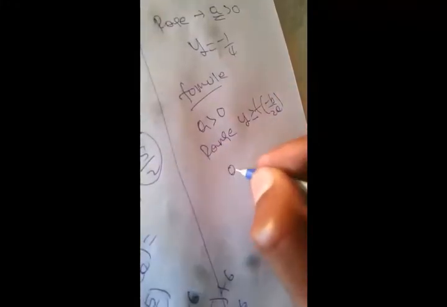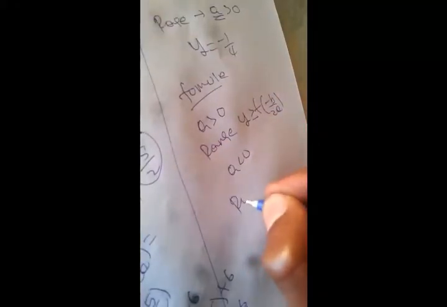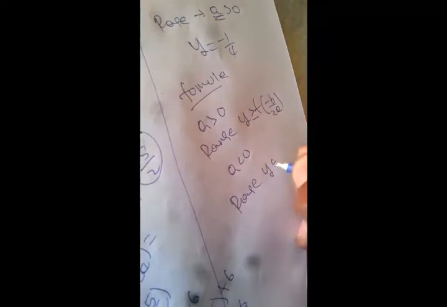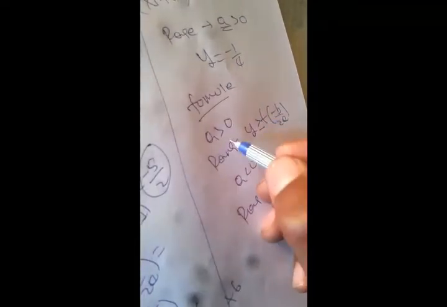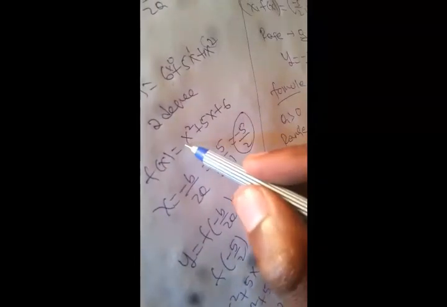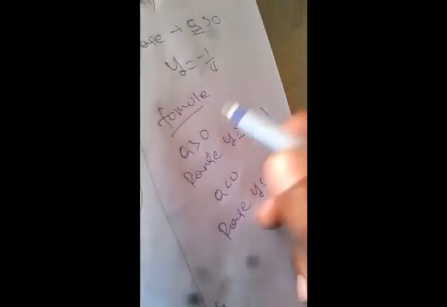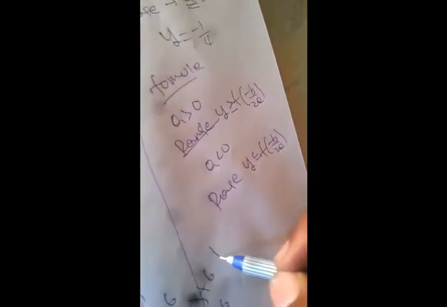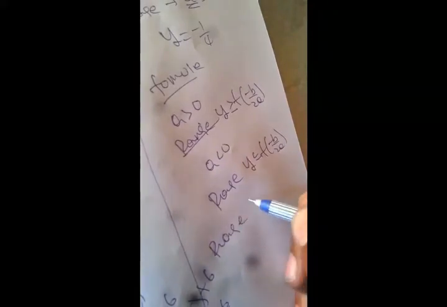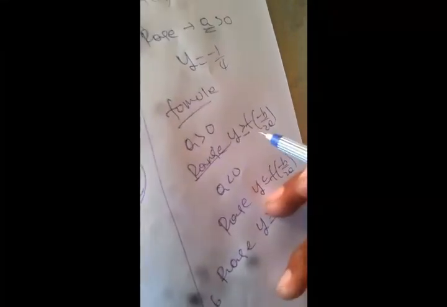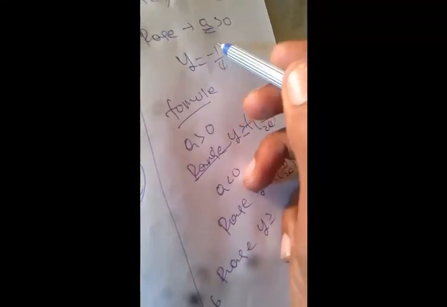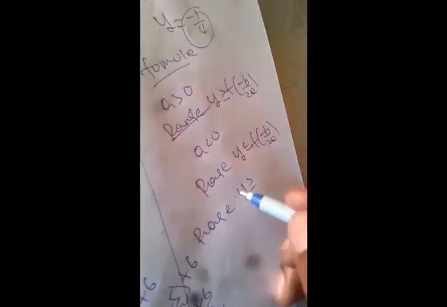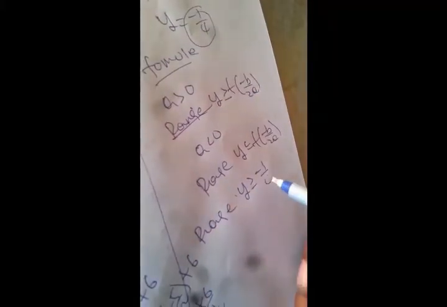And if a is less than 0, the range will be y less than or equal to f of minus b over 2a. In our case, the value of a is 1. Therefore, it is greater than 0. So our range will be y greater than or equal to f of minus b over 2a, which we have already found to be minus 1 over 4. Therefore, y greater than or equal to minus 1 over 4 will be our range.